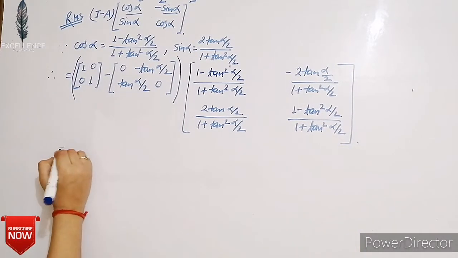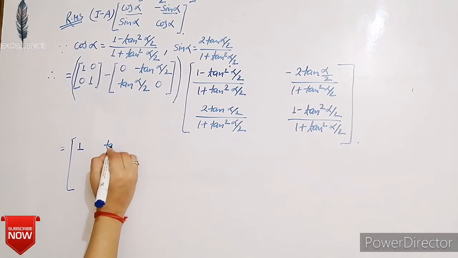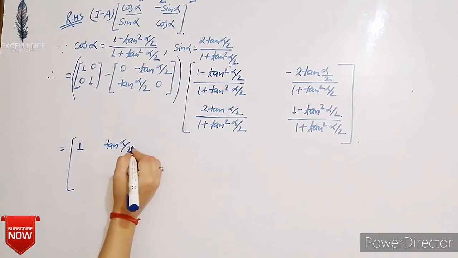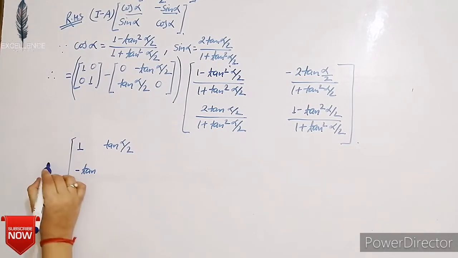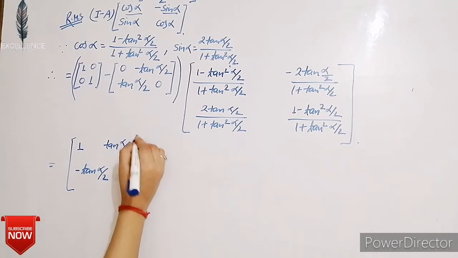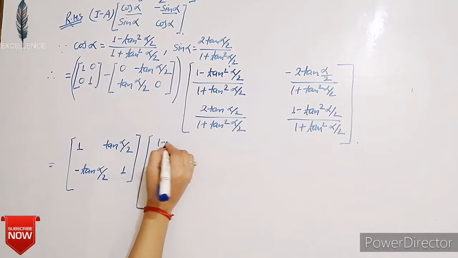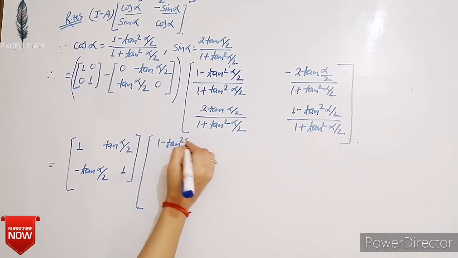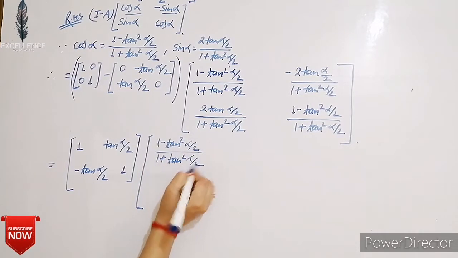Now first I minus A, so subtracting the corresponding elements we have 1, next is tan alpha by 2, now it is minus tan alpha by 2, and 1 is multiplying by, this is (1 minus tan square alpha by 2) upon (1 plus tan square alpha by 2).